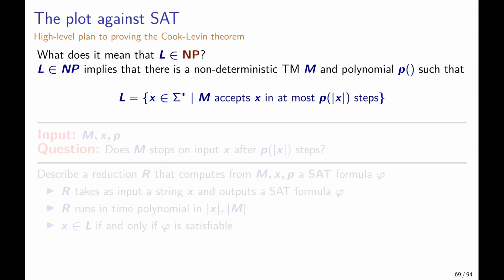So the basic idea is to say, if you give me a problem that is in NP, what are you really telling me, right? First, you give me a Turing machine that is a verifier, or a certifier if you want. Given an input and a proof, it can verify that the proof is correct.